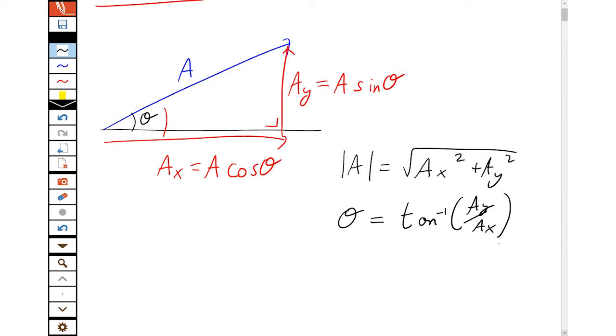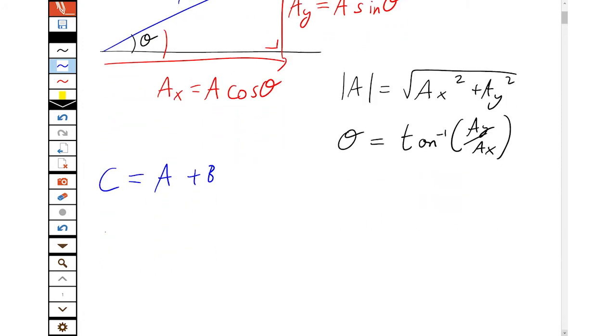How do you do that? Well, if you want to find C is A plus B, what you do is you break up A into its X and Y components, like we just saw, B into its X and Y components. And remember, these might be plus or minus, because in physics, plus and minus are just directions.